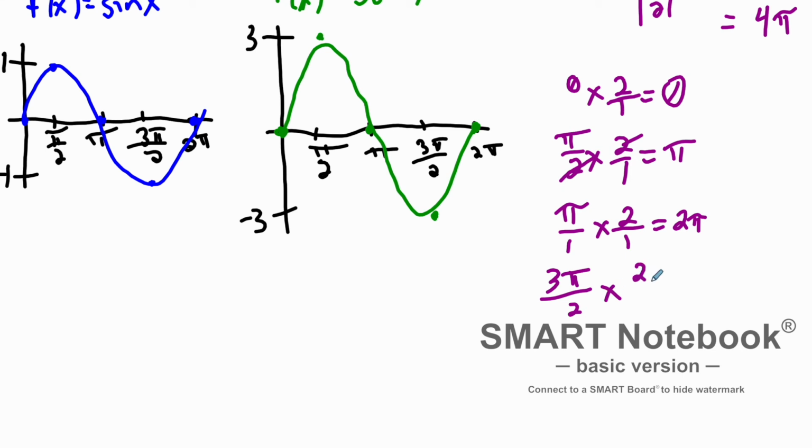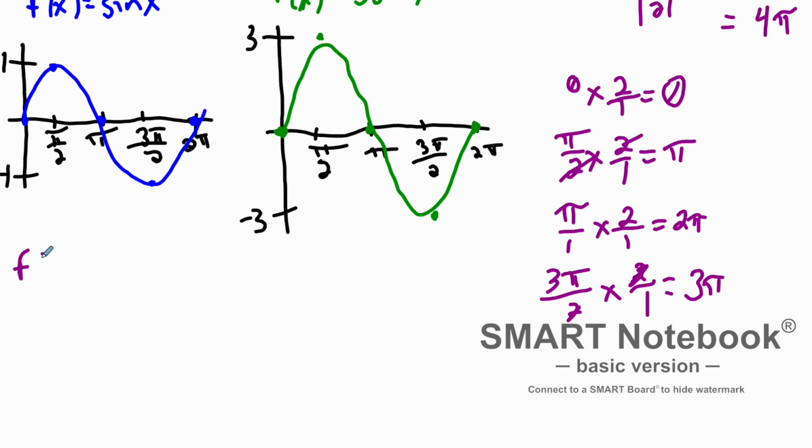We're going to multiply that by 2 over 1, which again, the 2's cancel and leaves you with 3 pi. So there's our points: 0, pi, 2 pi, 3 pi, 4 pi. Which again, there should be a pattern, right? We know that there has to be a pattern in all this, so that was kind of an indicator there.